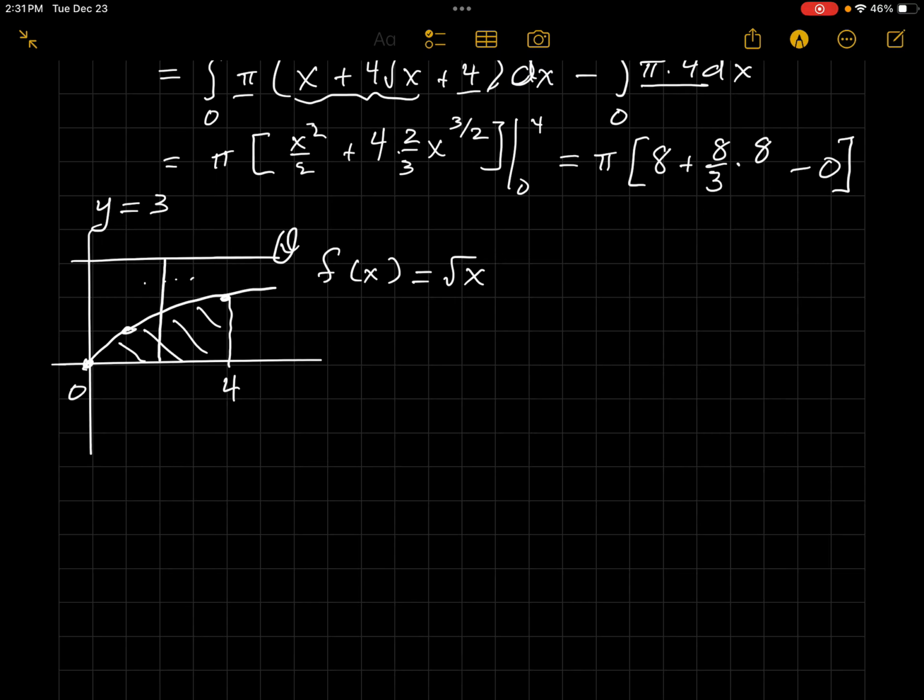I will draw the big radius from the axis to the far side of the region and find its length. I'm going to draw the little radius from the axis to the near side of the region and find its length.